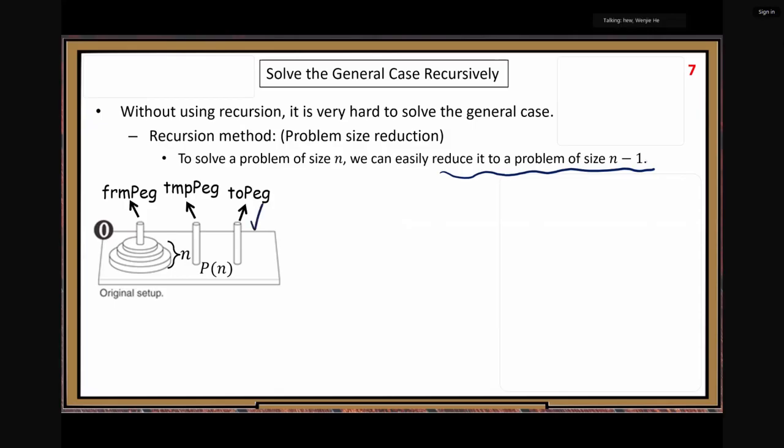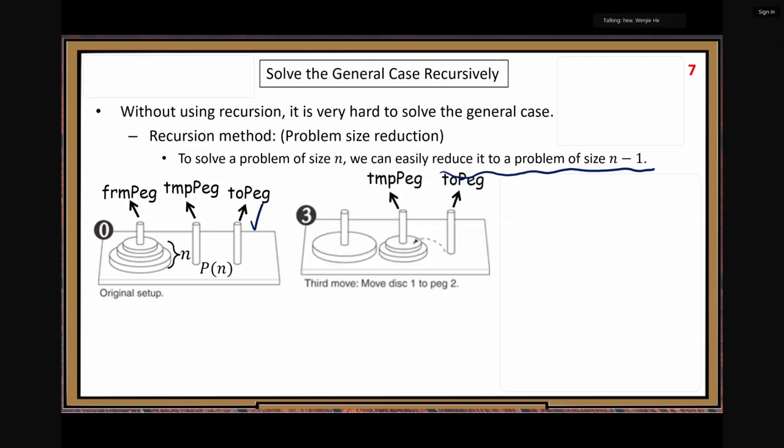Then, because we assume P of n minus 1 is available by recursion, can we apply the P of n minus 1 solution here? Yes, we can.